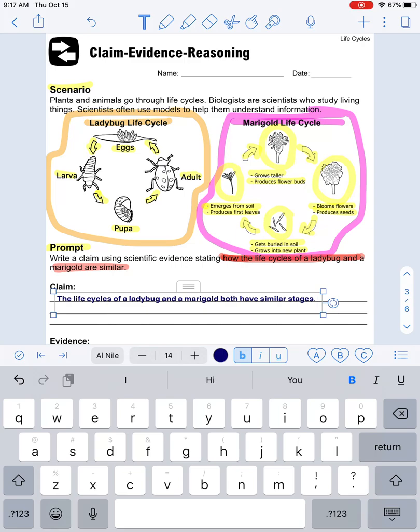So I'm going to ask myself, did I answer the question that I highlighted in red, how the life cycle of a ladybug and marigold are similar? Well, I said the life cycle of a ladybug and a marigold both have similar stages. Now, I'm going to explain why they have those similar stages and how they go through those a little bit later.